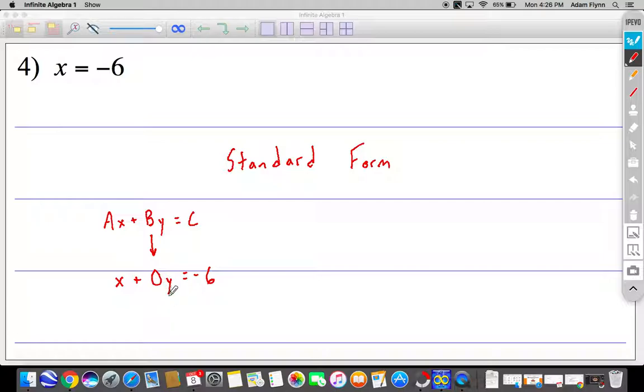Well, remember, 0 times any number, or any variable, so 0 times y, is going to be 0. So when we have a 0, there's no need to write it, so that would cancel out. So we would be left with x equals -6, which is exactly the equation we have up above here. Therefore, this is in standard form.